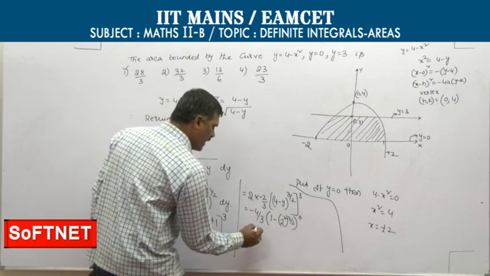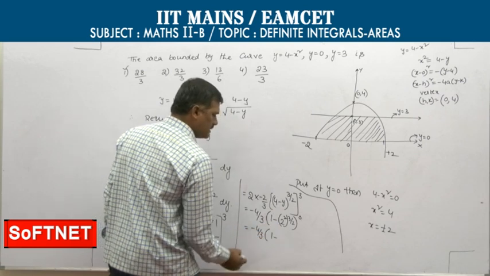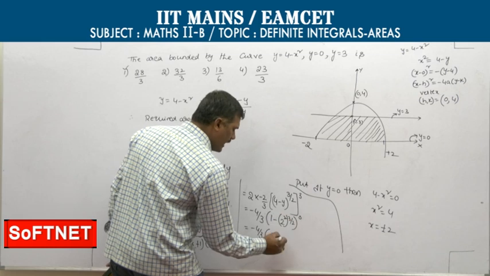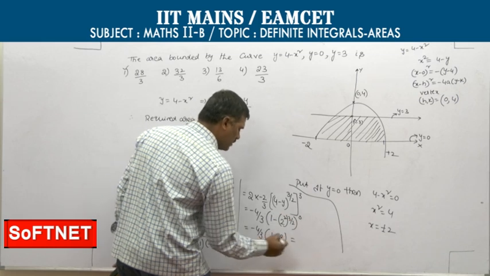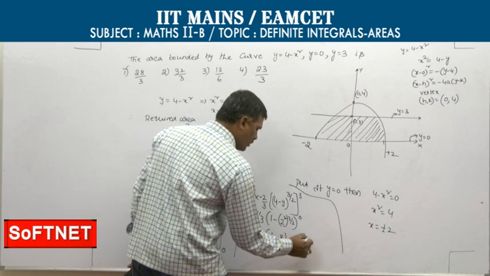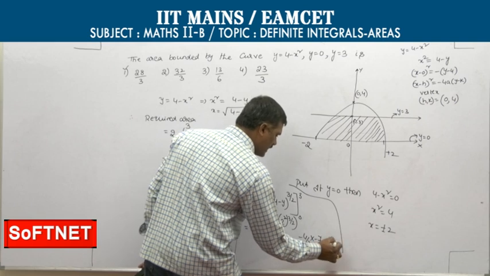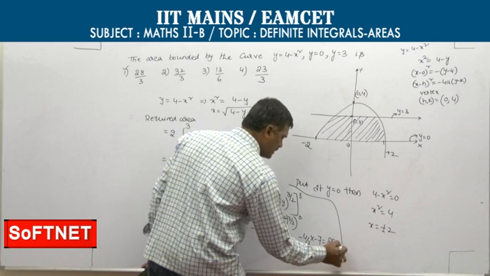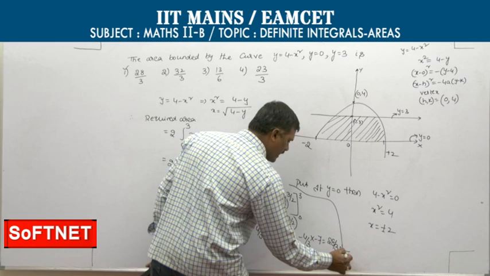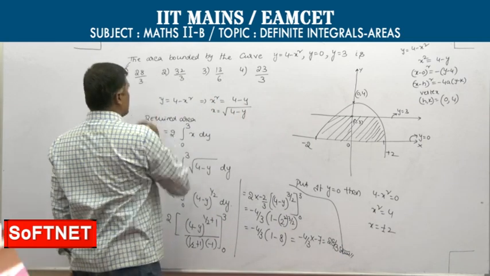That is equal to minus 4 by 3 into (1 minus 8), which is minus 7, so minus 4 by 3 into minus 7 is equal to 28 by 3 square units. So the first option is the right option.